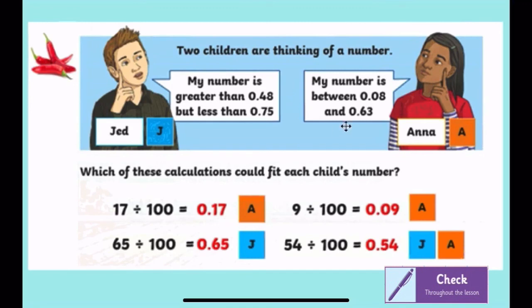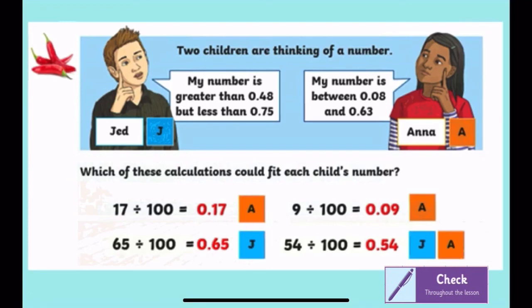Well, that will match with Anna's description because this number lies between these two numbers here, 0.08 and 0.63. 65 divided by 100 is 0.65, and that will fit with Jed's description because this number lies between these two here, 0.48 and 0.75. 9 divided by 100 is 0.09, and that will lie between Anna's numbers.